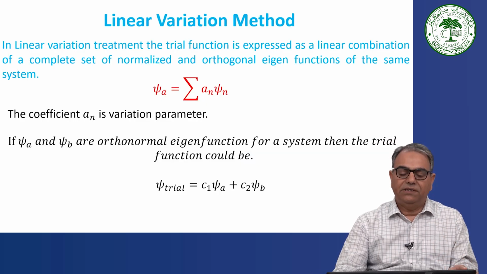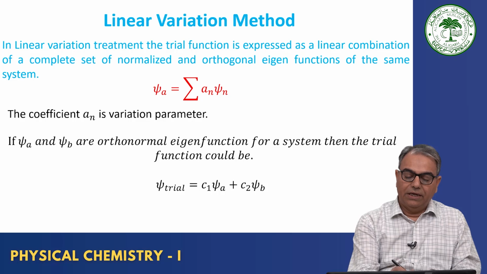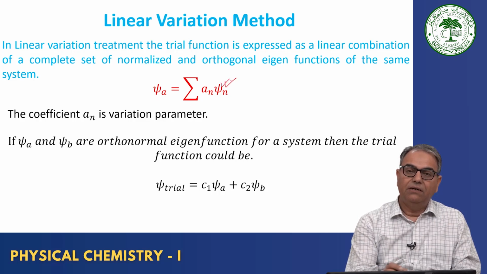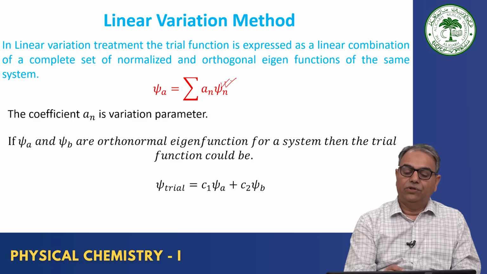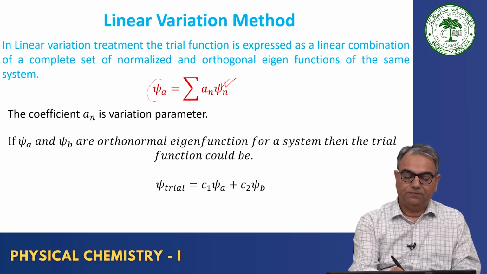In linear variation treatment, the trial function is expressed as a linear combination of the normalized orthogonal eigenfunctions of the system. Since it is a linear combination of the functions psi n, we say it is a linear variation method, and the trial function is psi a.